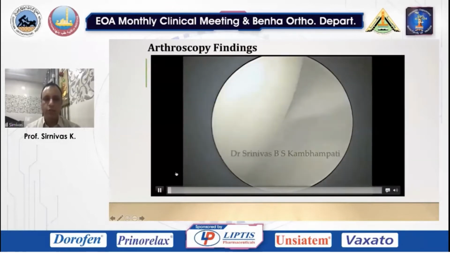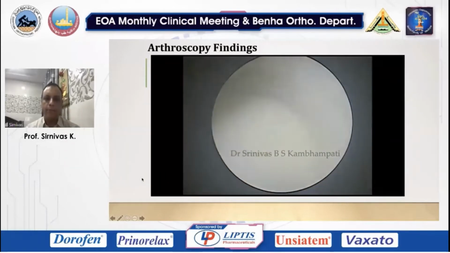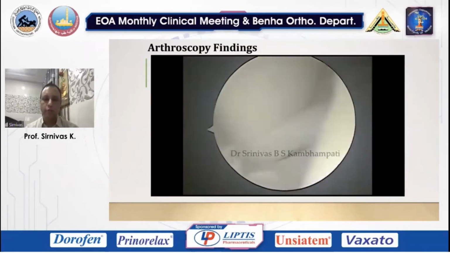Diagnostic scopy showed a horizontal cleavage tear of the medial meniscus. The joint surfaces are intact. You can see the intercondylar notch here. The notch area also has been covered with pristine articular cartilage. There's no sign of footprint of ACL there.